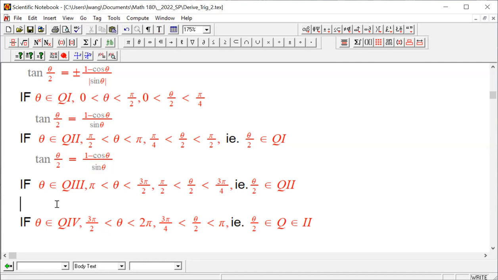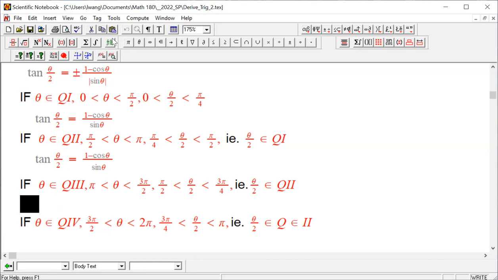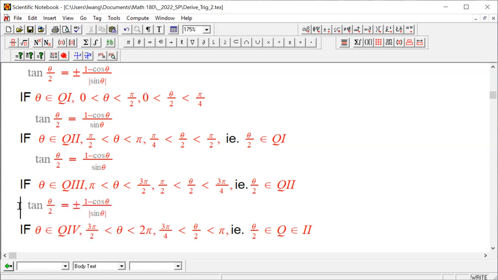Third quadrant, tangent theta over 2. Since theta is in the third quadrant, half theta is in the second quadrant. In the second quadrant, tangent theta over 2 is negative.